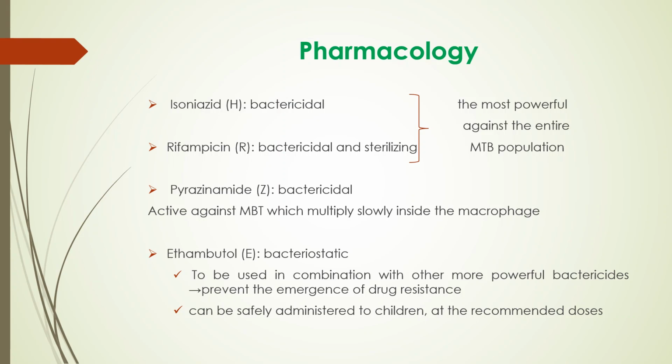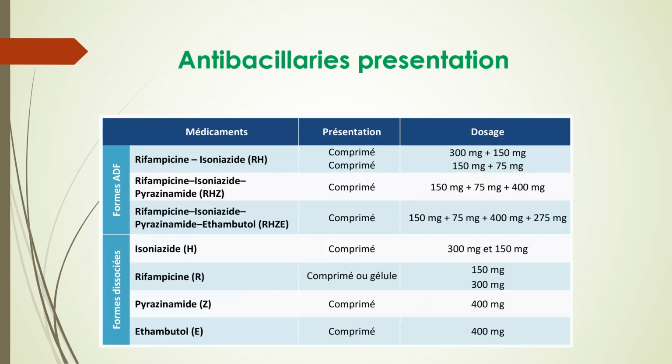Pyrazinamide is also bactericidal and is active against mycobacteria which multiply slowly inside the macrophage. Ethambutol is bacteriostatic, not bactericidal, and is used in combination with other powerful bactericides in order to prevent the emergence of drug resistance, and it could be administered safely to children at the recommended doses.